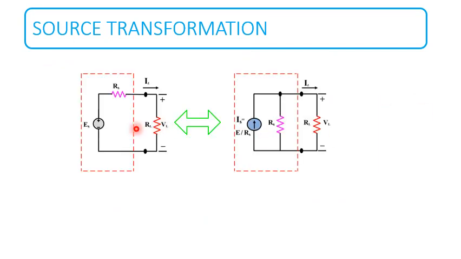And here the voltage source is transformed into an equivalent current source. For these two circuits to be equivalent, they should satisfy this relation.